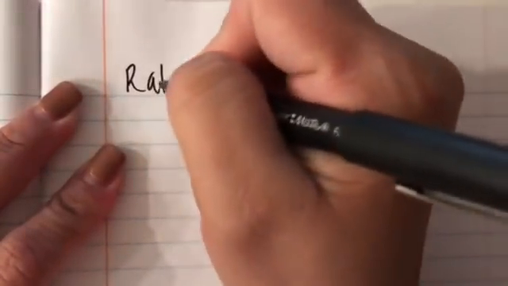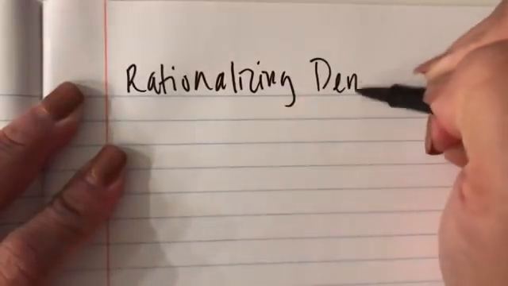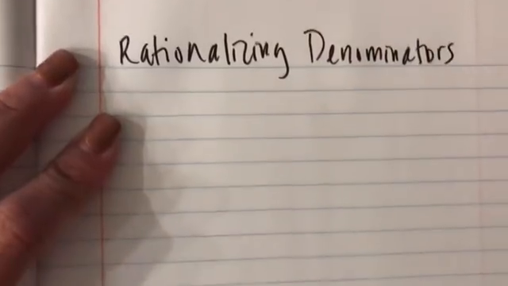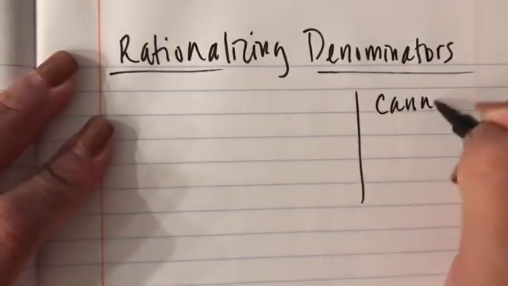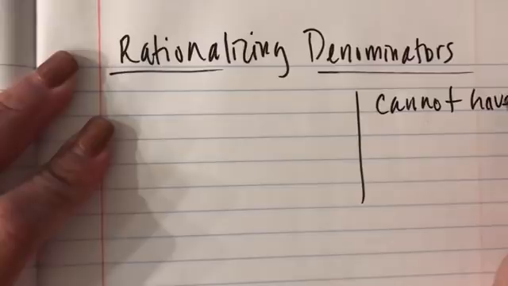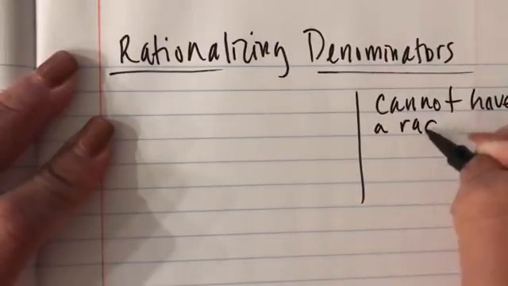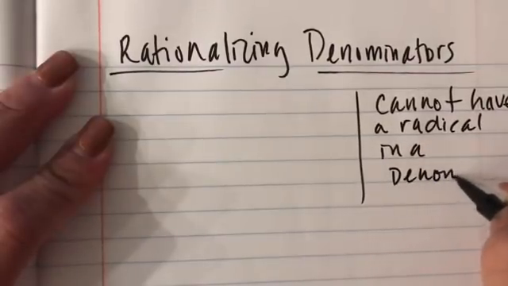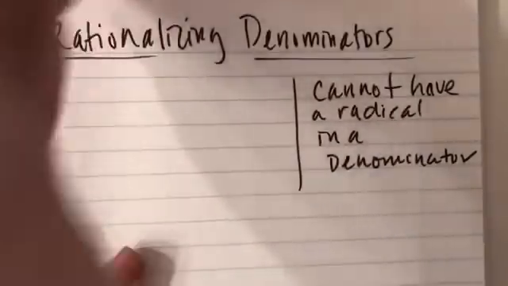Okay, so we're going to be rationalizing denominators. Rationalizing denominators means that you cannot have a radical in the denominator.